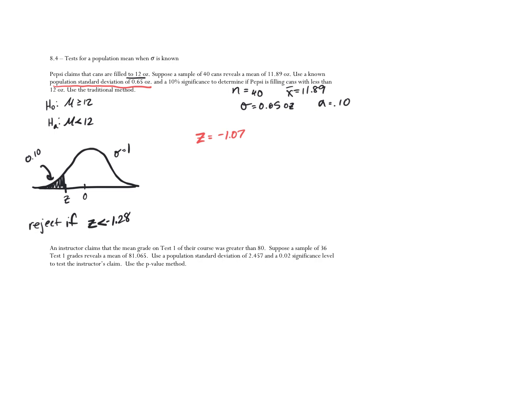Which is greater than the rejection region, so it's okay. So are we rejecting or not rejecting? We failed. So we might say something like negative 1.07 is not less than negative 1.28. Right? And that's our reasoning. That's our why. So from here we'll say we cannot reject H0.